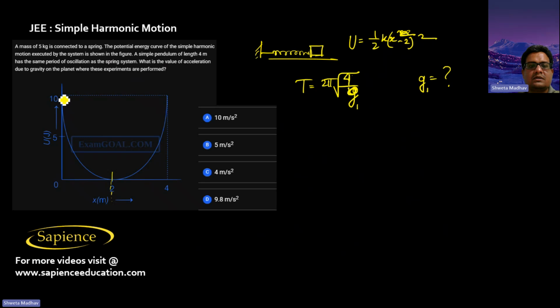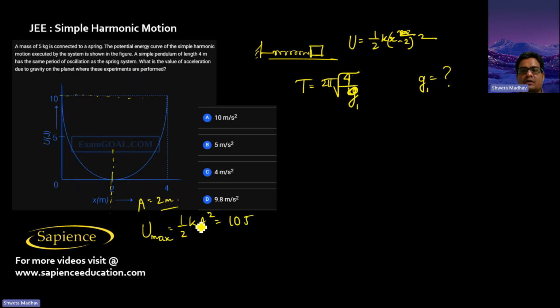Here we can see that the amplitude is 2 meter, the mean position is at x equal to 2, and the maximum potential energy, which is equal to half k a square, is equal to 10 joule. And from here we can find out k.